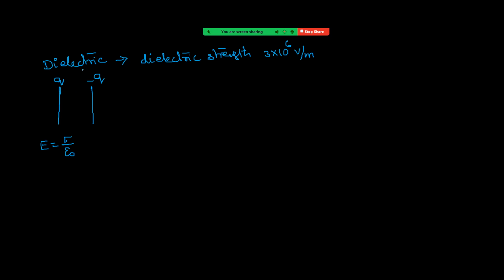That is the purpose of keeping dielectrics between the plates, right? Now focus carefully. So what happens when you place a dielectric between the plates? Let us now consider two cases.